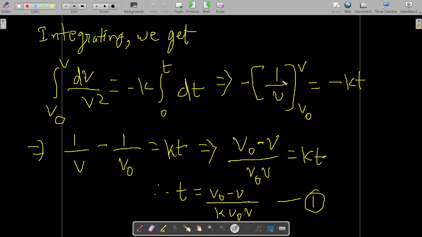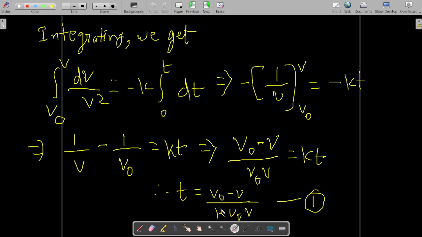I hope this much simpler integration you know already. So 1 upon v from v0 to v will be equal to minus kt, the right hand side quantity, and this gives 1 by v minus 1 by v0 equal to kt, then v0 minus v divided by v0 v equal to kt. So we have found t successfully from here.